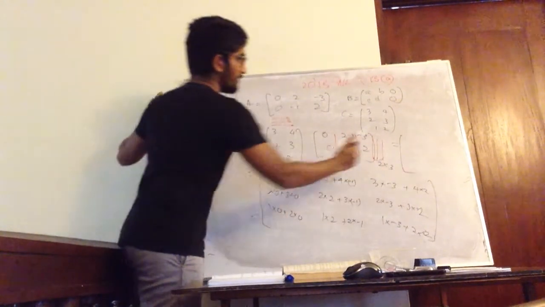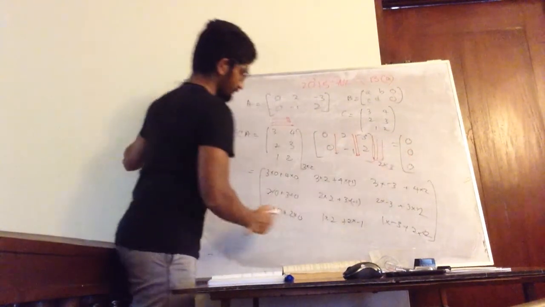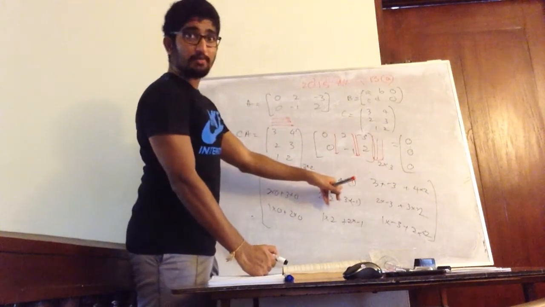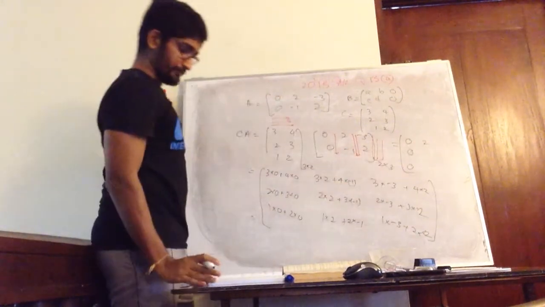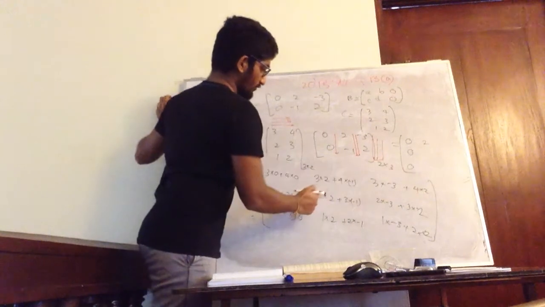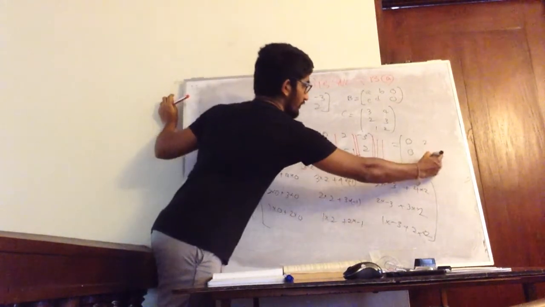So this becomes 0. So these also become 0. Here this is going to be 3 times 2 is 6, 6 minus 4 is going to be 2. Then here this is going to be 2 times 2 is 4, 4 minus 3 is going to be 1.